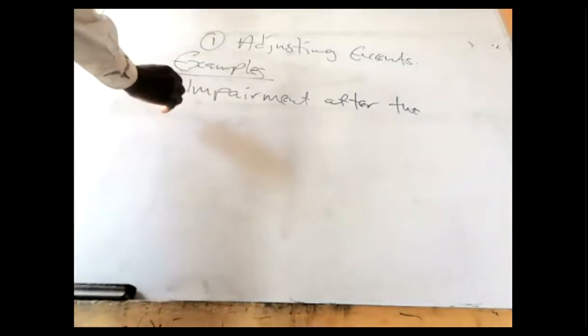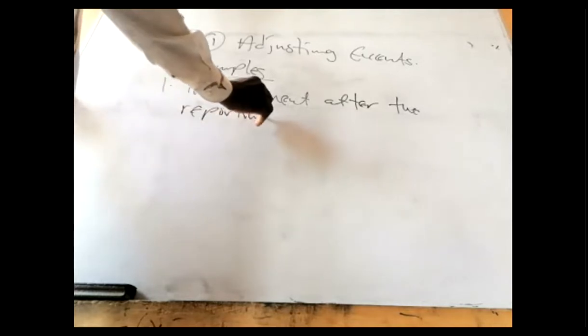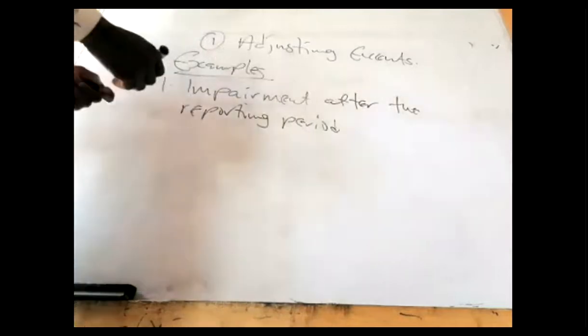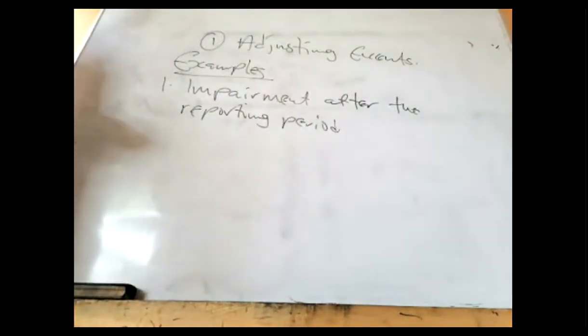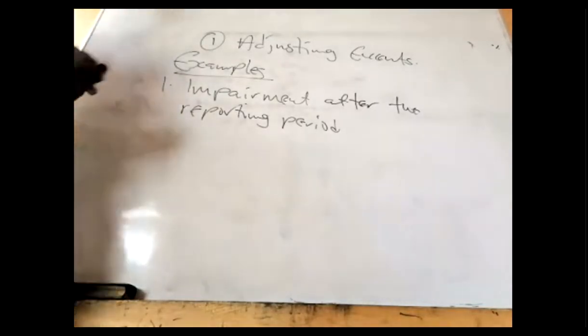The transaction itself will take place after the reporting period, but it will give us some idea that it exists before the year end. An example is impairment of assets.